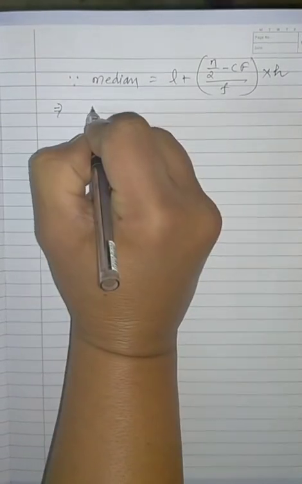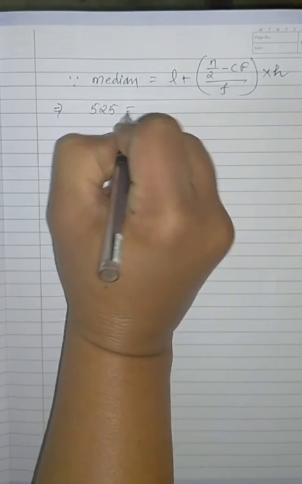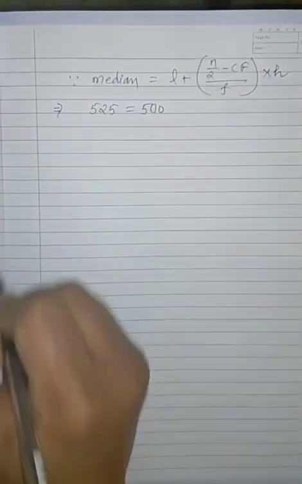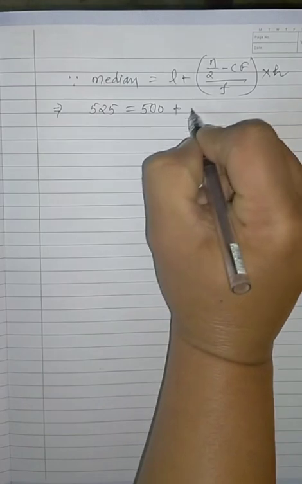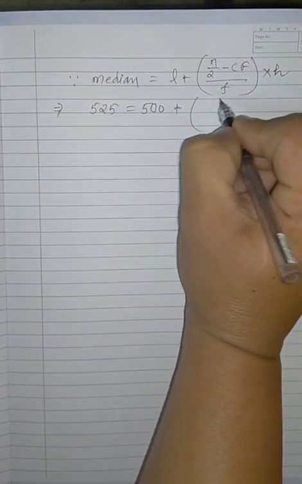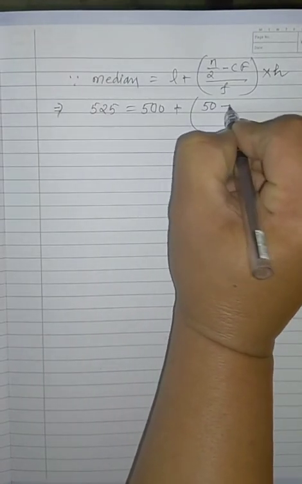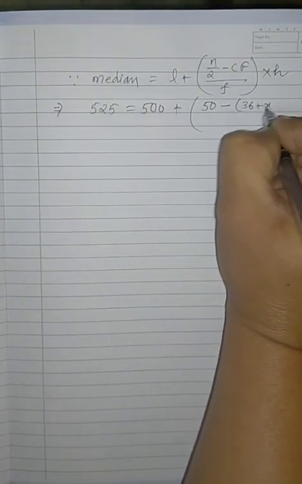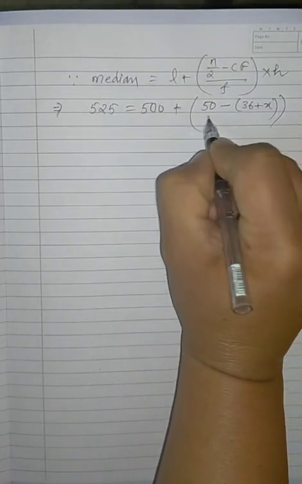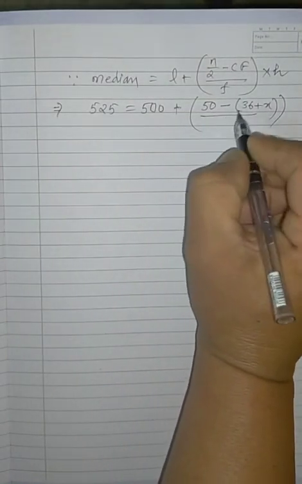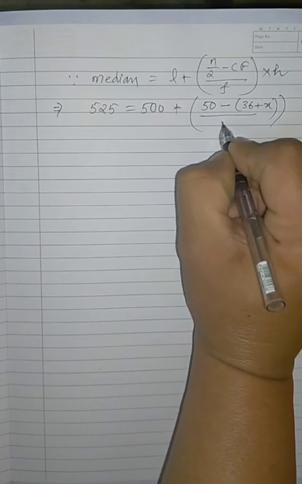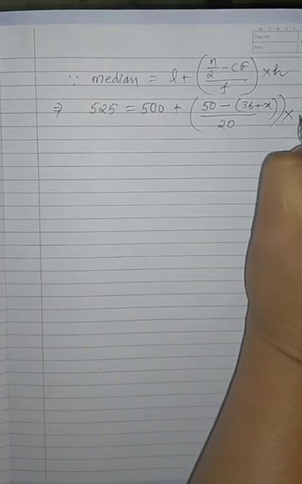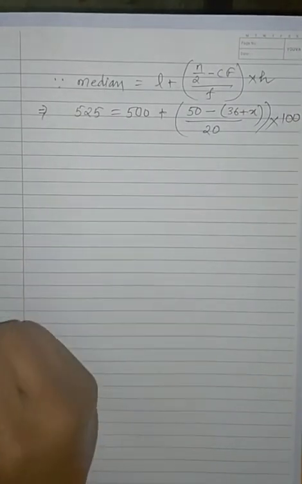Therefore, median 525 is equal to L, which is 500, plus n by 2, which is 50, minus CF, which we have taken as 36 plus x. I am putting this in bracket because this will change the sign of both the numbers. Frequency f is 20, multiplied by h, which is equal to 100.